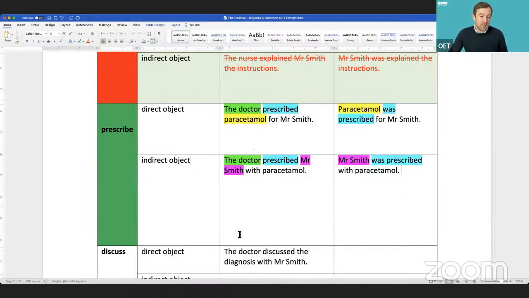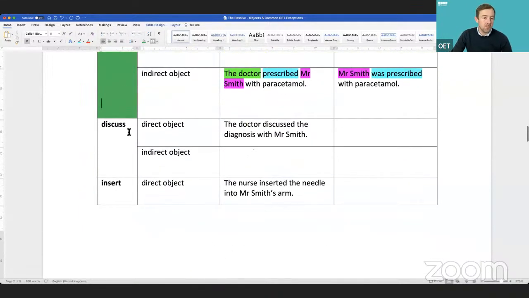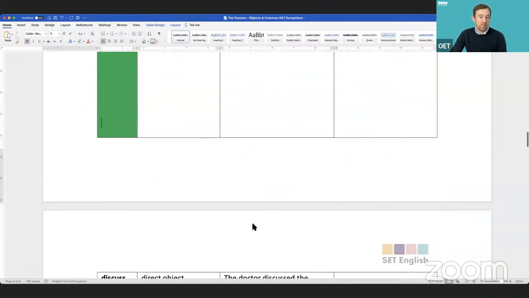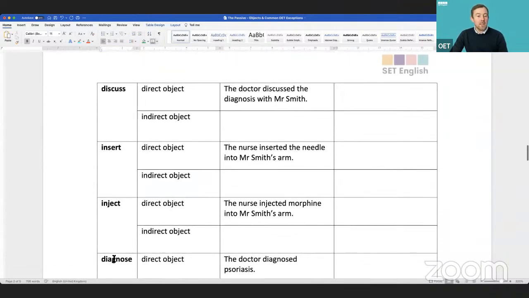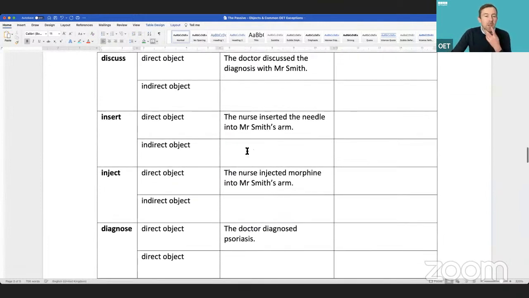Now, what I'm interested to hear from you guys is what you do when we discuss a couple of other ones. Why don't you go into your groups and tell me what you think of discuss, insert, inject, and diagnose.